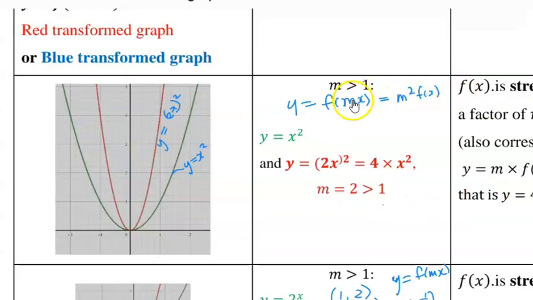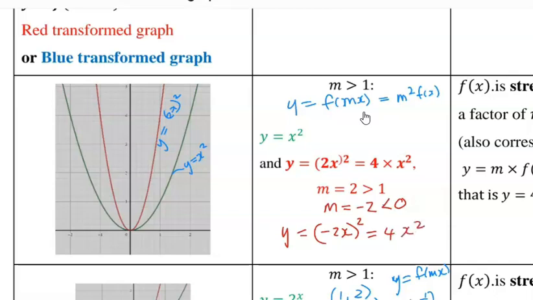In this case, I also want to show you that even if I make m equal to minus 2, which is less than 0, then my y will be (minus 2x) squared, which is also 4x squared. So in this case, although I have a negative m, I will not have a reflection.